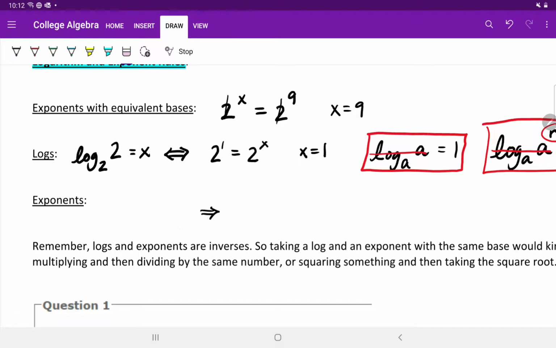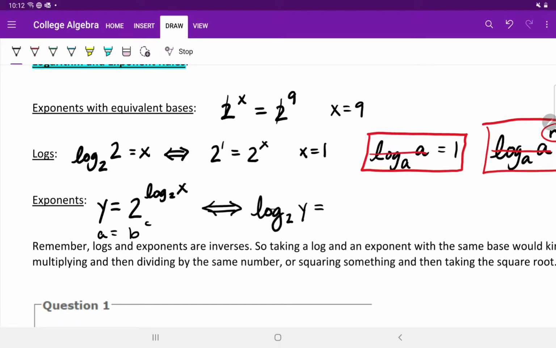Let me write this in a different order so it's easier to see. Y equals 2 to the log base 2 of x. If we want to convert this into a logarithm, this is a equals b to the c. We would write log base b, which is 2, of a, which is y, equals c, which is the exponent, log base 2 of x. That's our exponent, log base 2 of x.